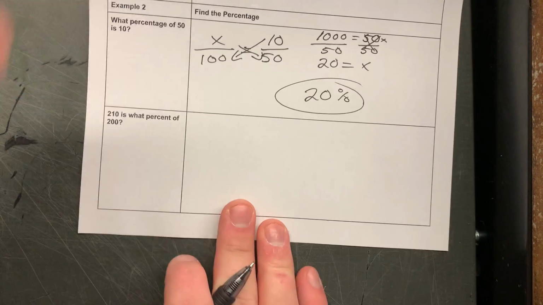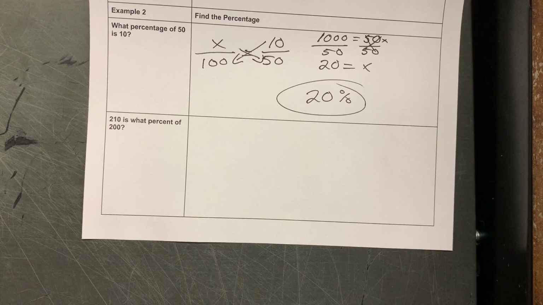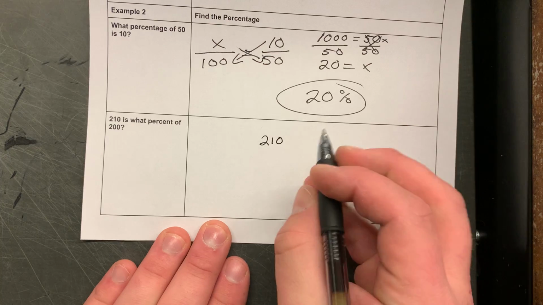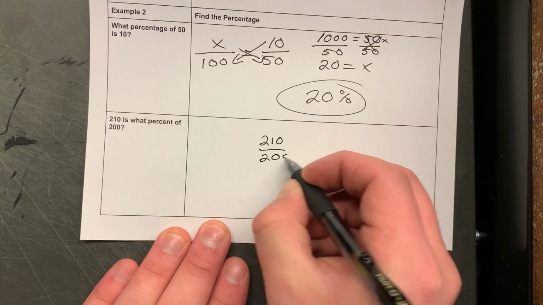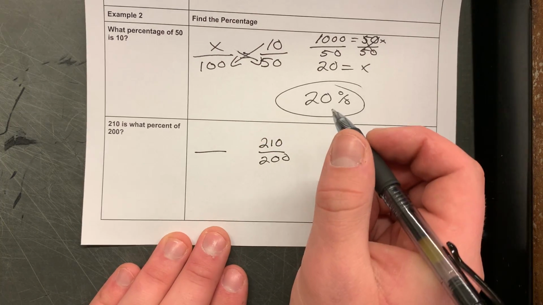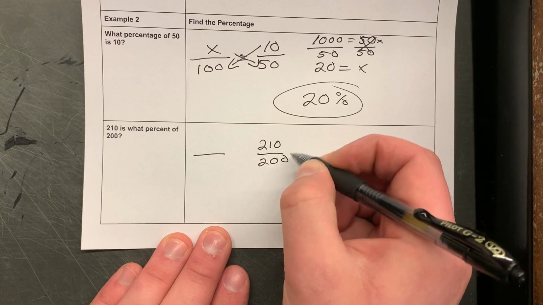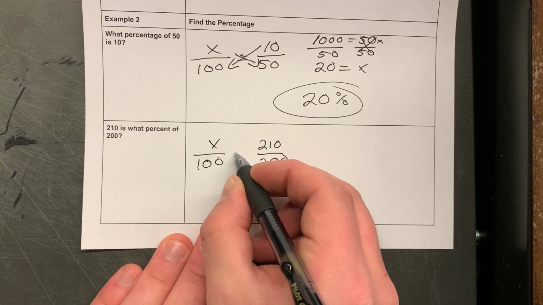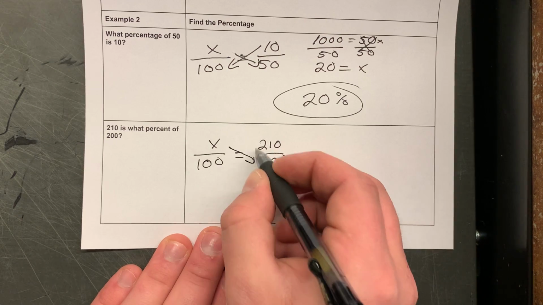We move down and look at the bottom one. I have 210 is what percent of 200? So we're going to write it as 210 is what percent of 200. I don't know what my percentage is yet, but I'm going to set it over 100 though. And cross multiply.